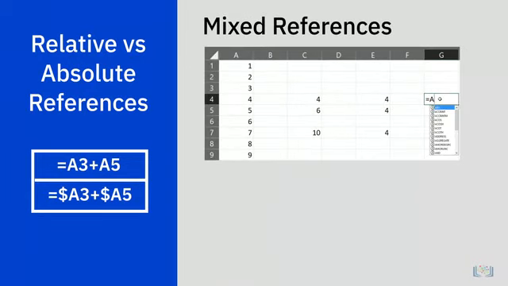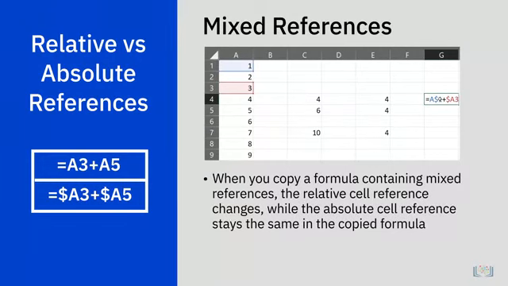These are called mixed references, and an example of this would be $A1 plus $A3, where $A1 has an absolute column and a relative row, and $A3 has an absolute column and a relative row. In contrast to relative and absolute references, when you copy a formula containing mixed cell references, any relative cell references will change, whereas any absolute cell references will stay the same in the copied formula.